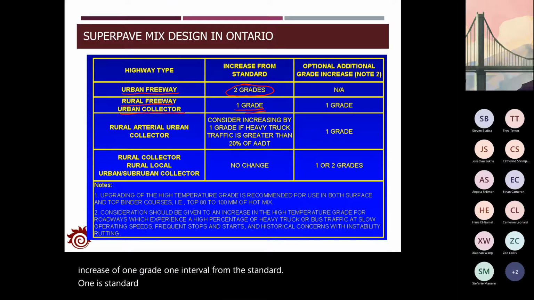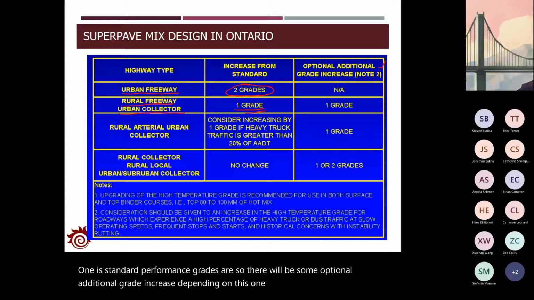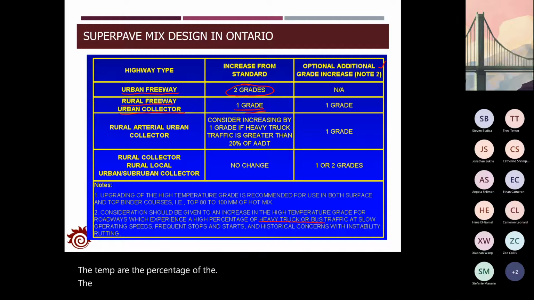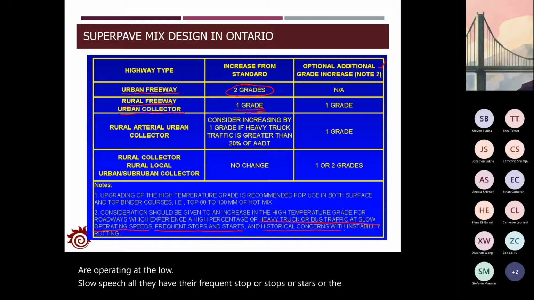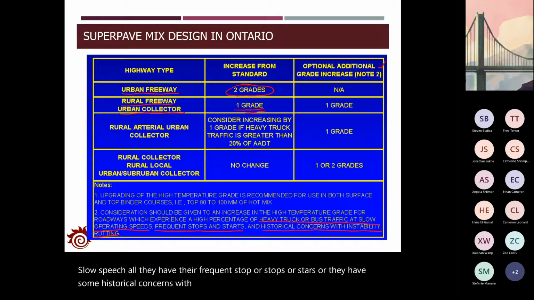performance grade. Also, there will be some optional additional grade increase depending on the percentage of heavy truck or bus traffic operating at slow speed, or having frequent stops or starts, or some historical concerns with instability rutting.